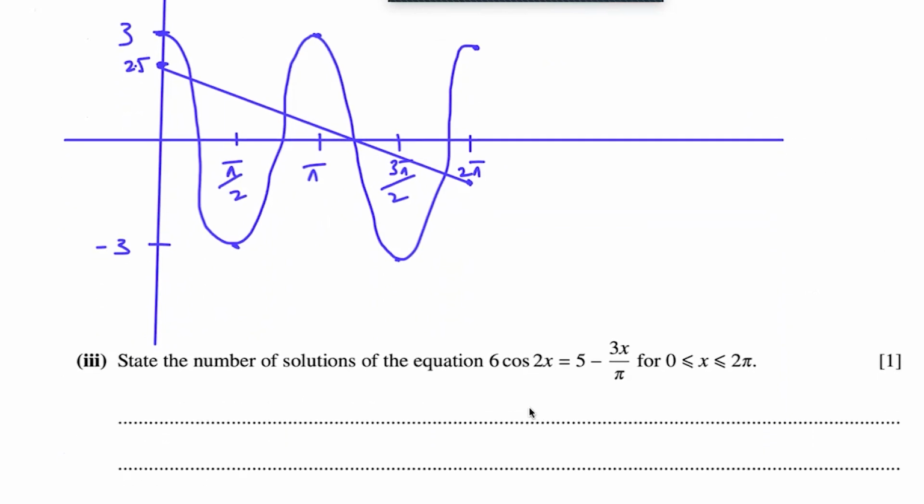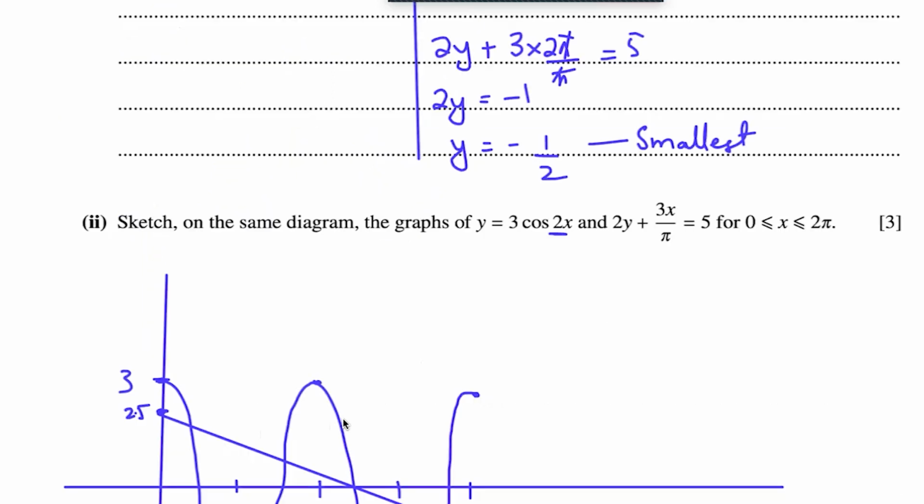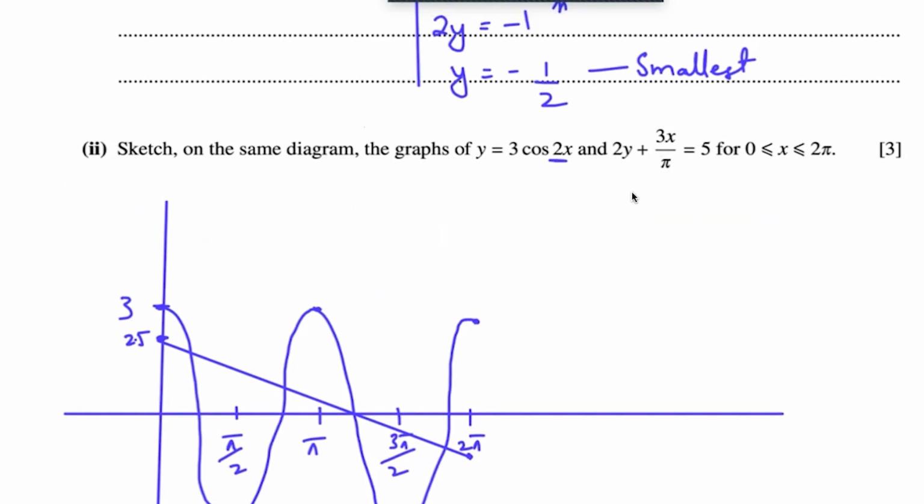Now in the next part, we have to state the number of solutions of the equation 6 cos 2x = 5 minus 3x upon pi. Basically this equation is obtained when we equate the two equations. So if we equate 3 cos 2x and make y the subject, we'll get 5 minus 3x upon pi, upon 2.